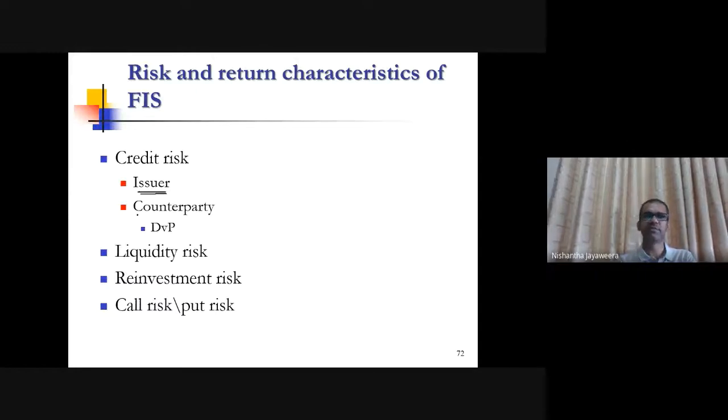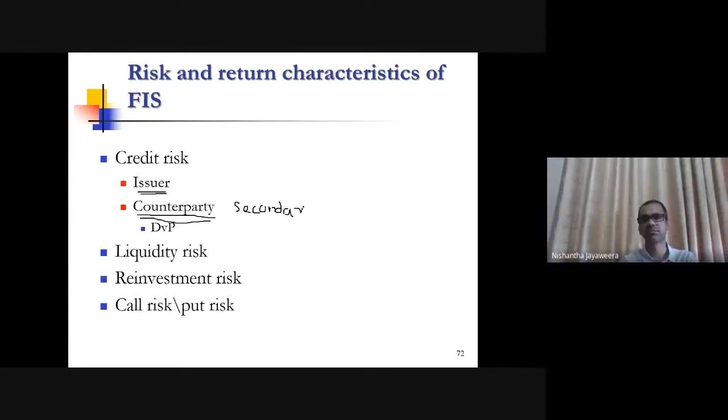A slight variation is the risk we may face through the counterparty, especially when you are dealing in the secondary market, because in the secondary market, the transaction takes place between two parties in the market, nothing to do with the issuer.